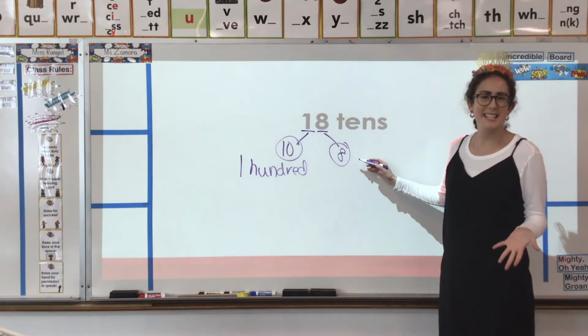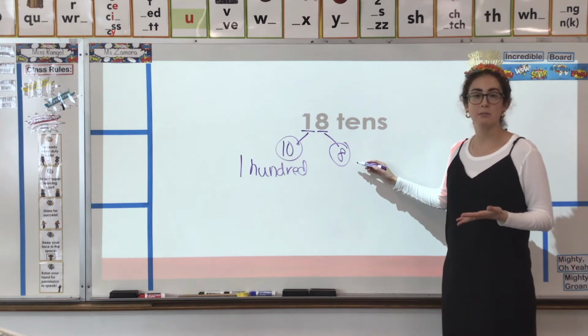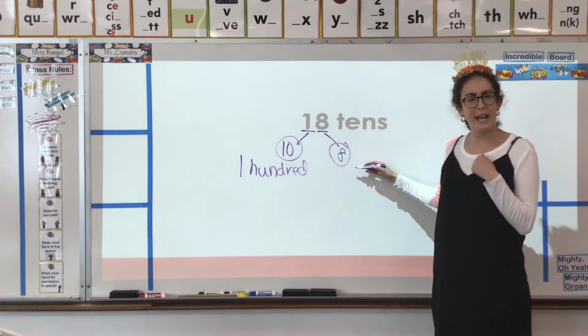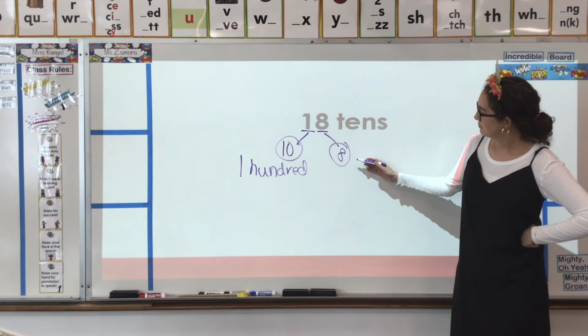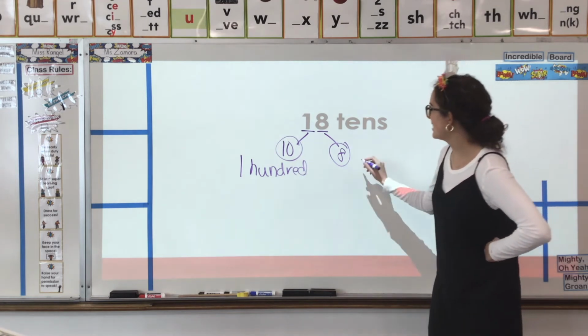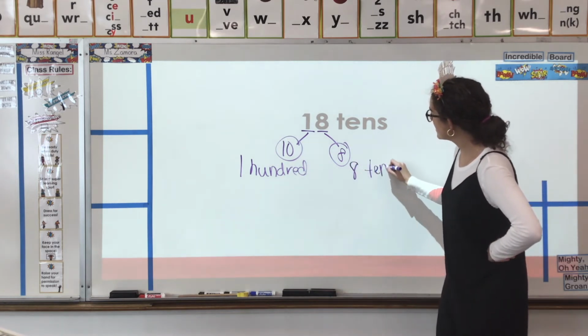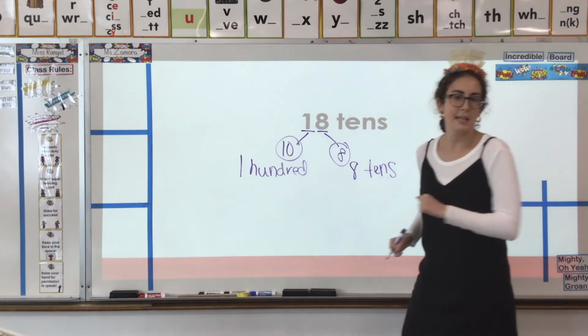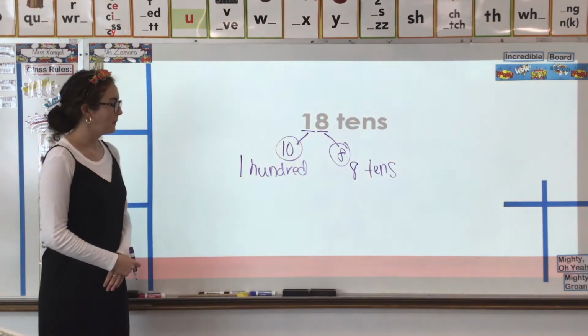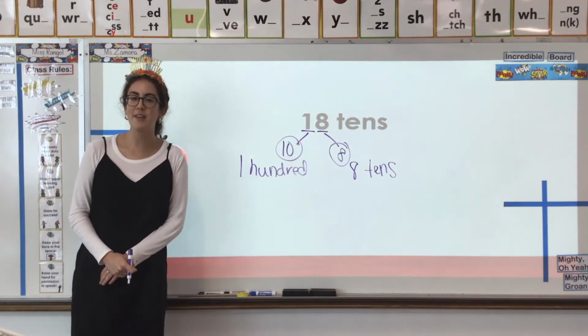Our 8 tens are still here. Can we bundle our 8 tens? No, we can't do anything. So they're still just going to stay 8 tens. So now, would you look at that?